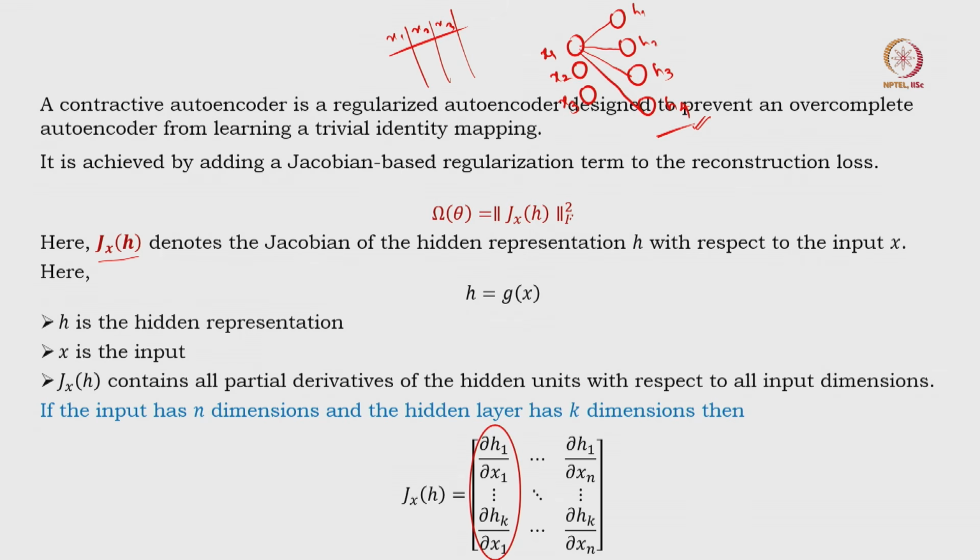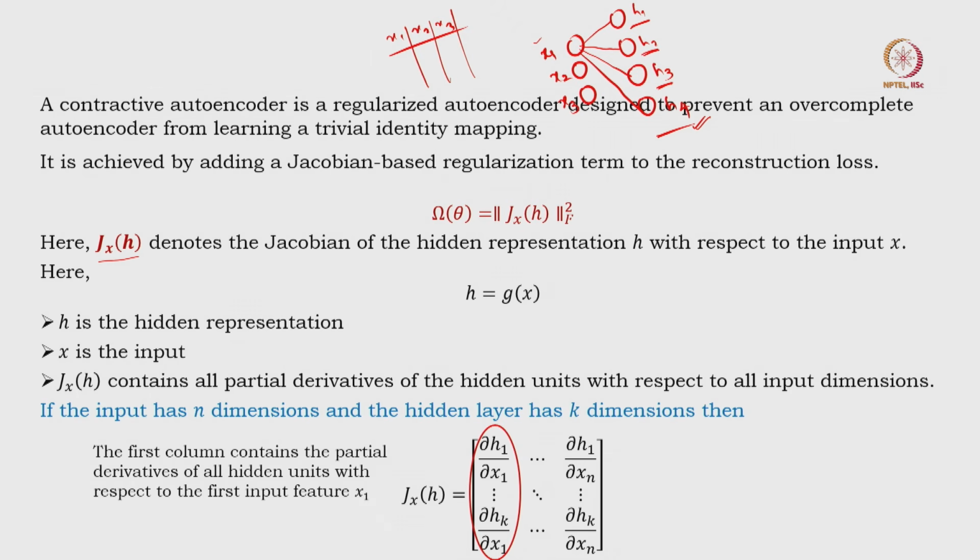If we take this derivative, the first column says how much the hidden unit h1 changes when there is a small change in x1, how much h2 changes when there is a small change in x1, how much h3 changes, and similarly h4.